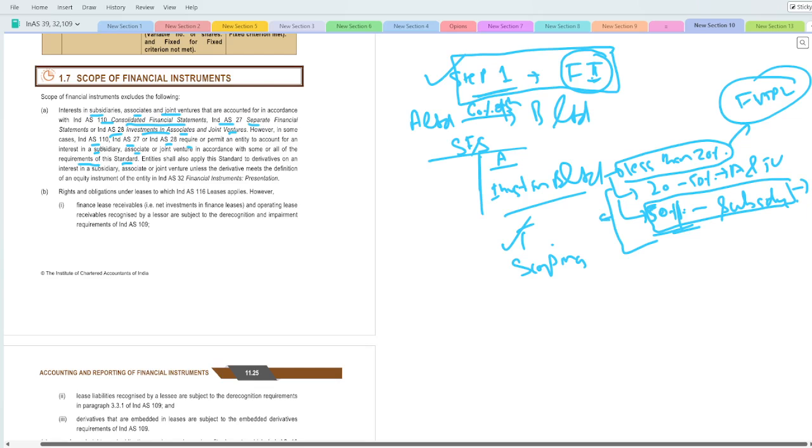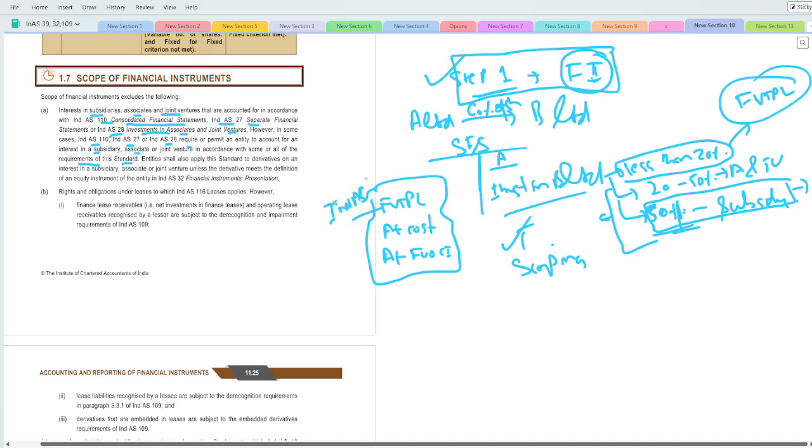So sometimes what happens, normally you have the fair value through P&L accounting, then at cost, the net cost, and I think then it is at FVOCI also. So these are the three types of accounting. But normally this FVTPL is coming from Ind AS 109.